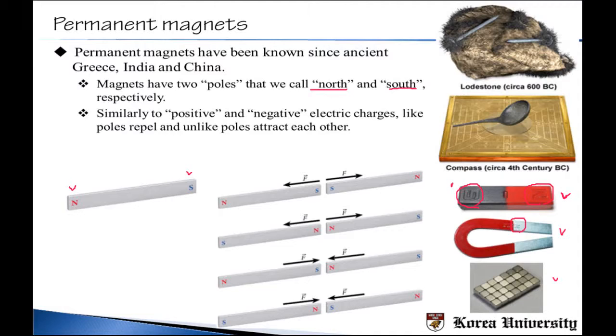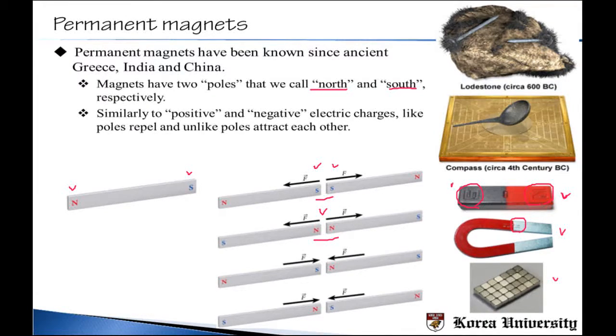So as shown here, when you have south poles close to each other, these two south poles will push away each other, right? As shown by the force vectors here, okay? And then exactly the same thing will happen when you have north poles close to each other. They will again repel each other, okay?